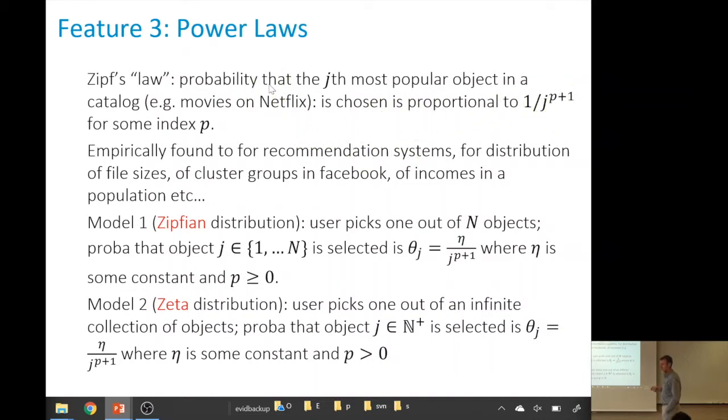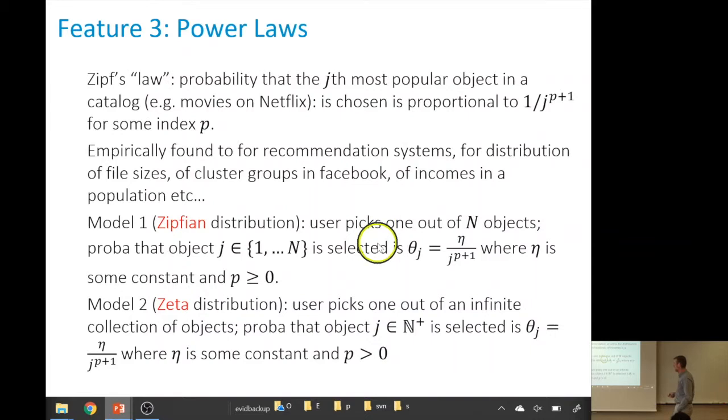So we will see how such a thing can be found. This has been found empirically for a very large number of things that have very large number of users and large number of objects in their catalog. And that leads to a PDF distribution on the set of integers that says, if I have a catalog with capital N objects, what's the probability that a random user or a random click will pick object j?